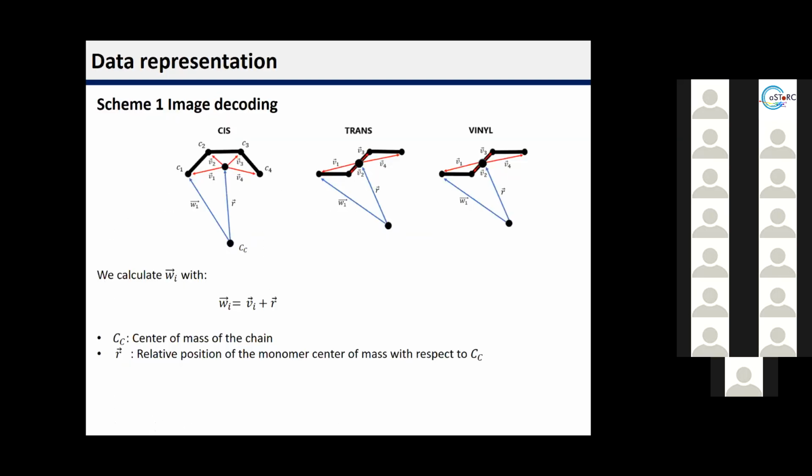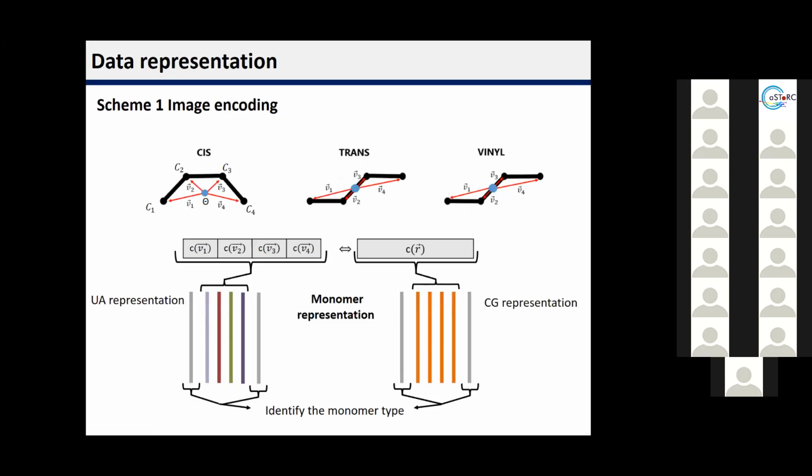Sorry, Lefteris? If you go to the previous slide, just to make sure, the one with the colors. Yes. So we want to go from the coarse-grained to the atomistic.